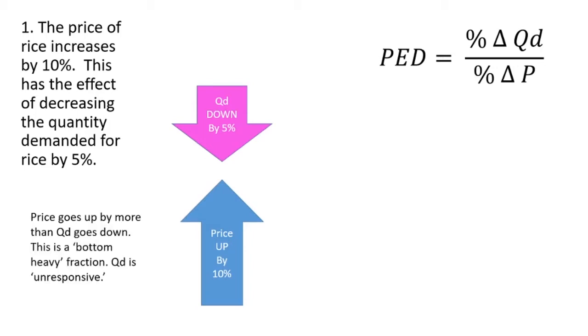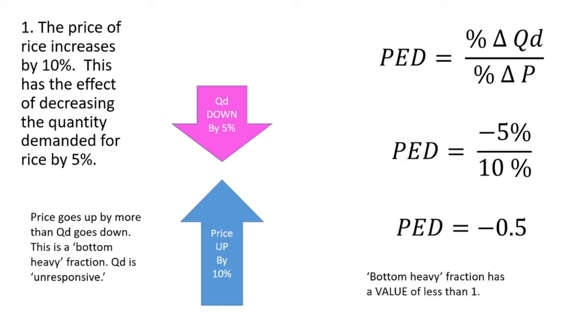The price has gone up by more than quantity demanded has gone down, proportionally more than quantity demanded has gone down. This makes this a bottom-heavy fraction. We can say that quantity demanded on the top here is unresponsive. The price elasticity of demand is therefore minus 5%, because it's gone down, divided by 10%, and dividing that through means that our price elasticity of demand value is minus 0.5.